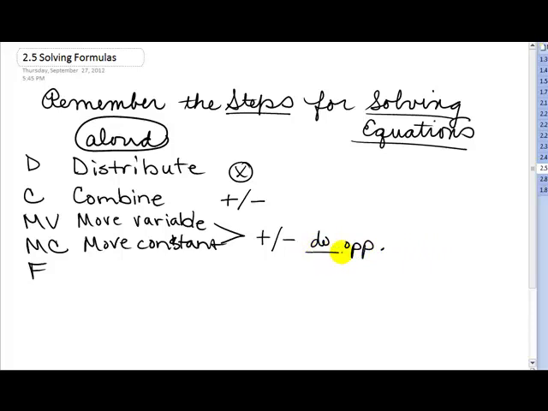And this is key. F. What's the F for? Finish. This is when we're getting X alone, or whatever letter it is. We will either divide or multiply by the reciprocal.